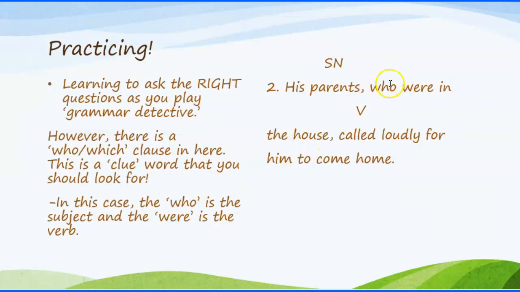Who and which clauses are going to give us another clause in the sentence. The who is going to be the subject, were is going to be the verb, because in the house is a prepositional phrase, and we have to get rid of that.